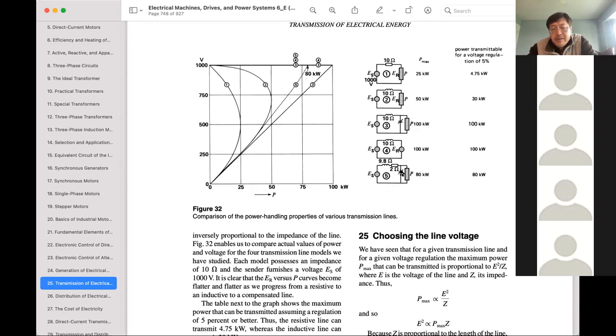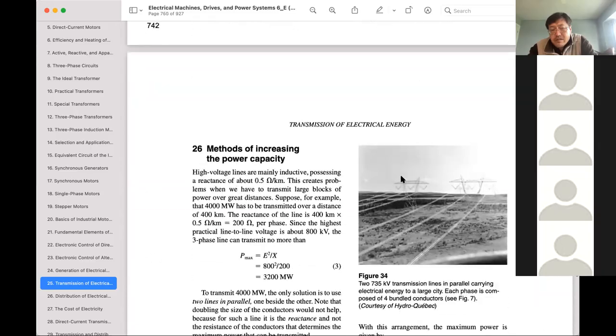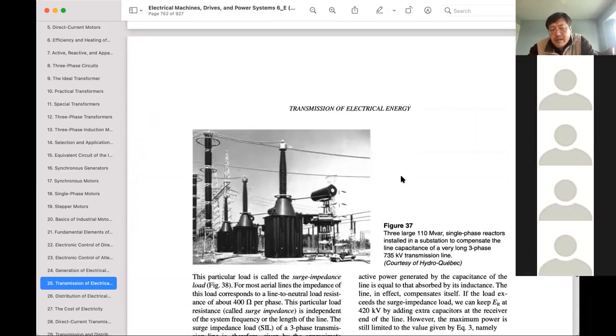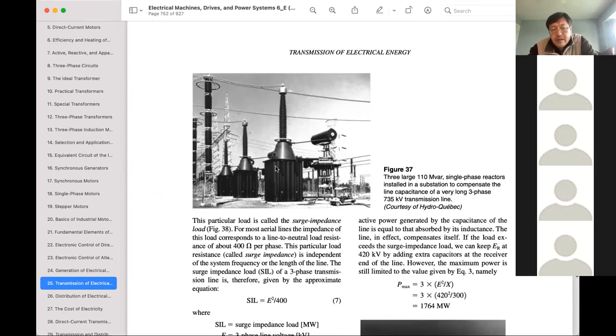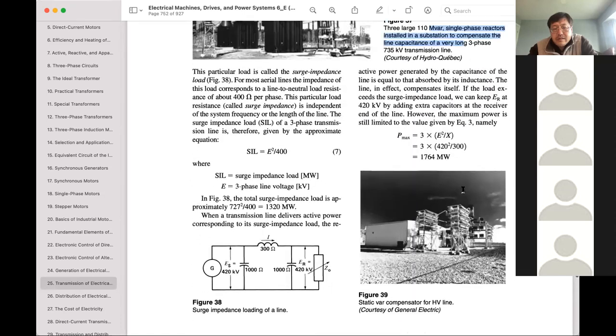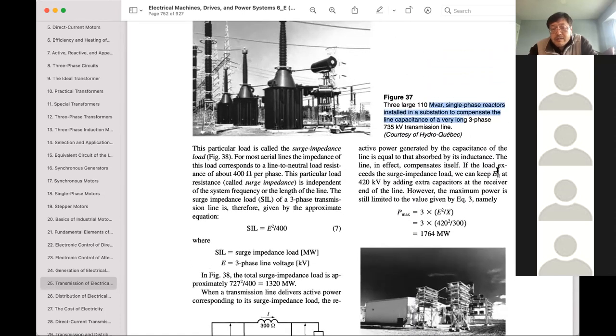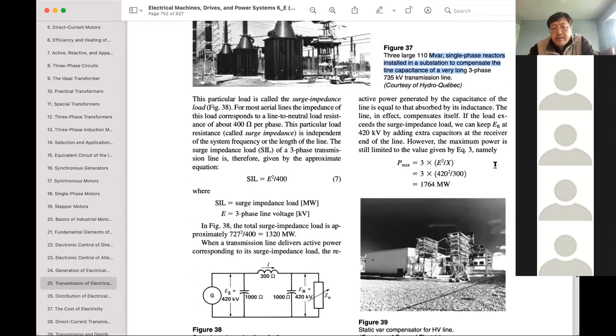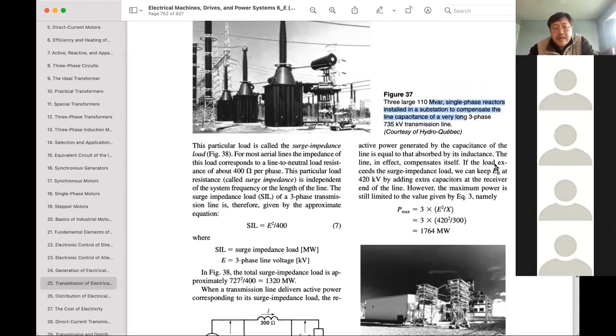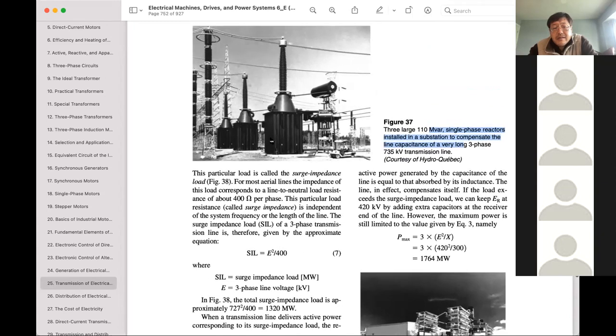So that means on the customer side, when the power arrives at, for example, a city, you need a variable capacitor or inductor. Ideally, you have both to make a compensation. So figure 37 is an inductor.